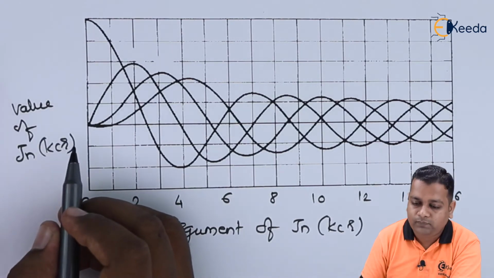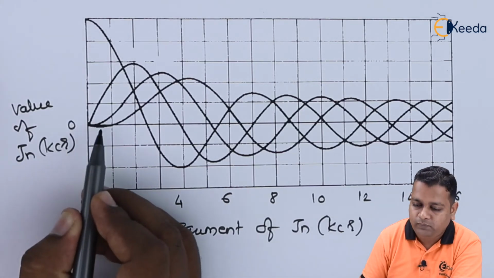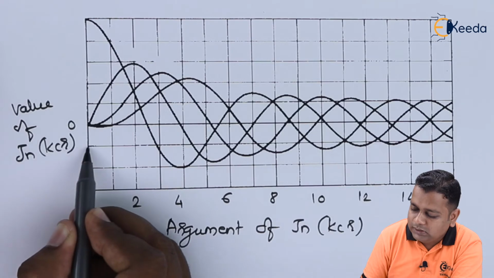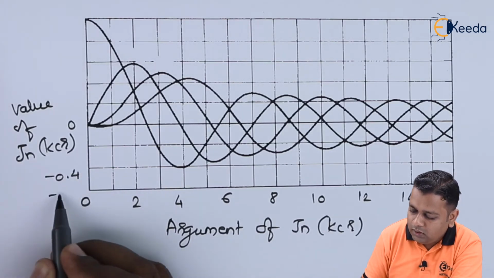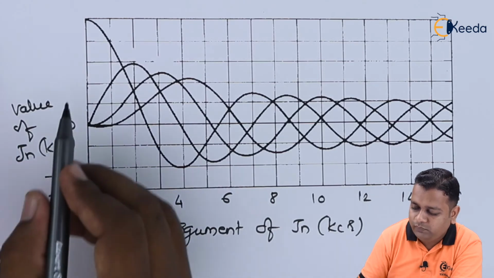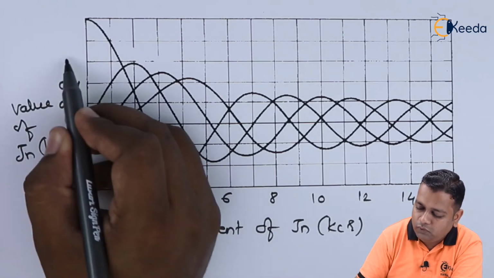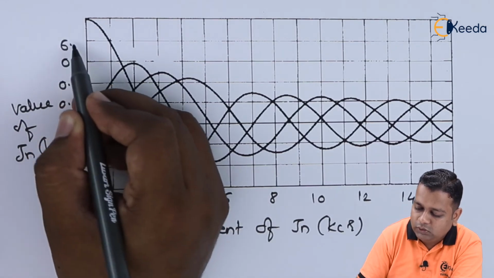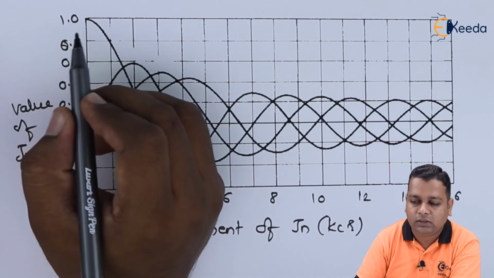So for the zero crossing here, we have minus 0.2, minus 0.4 here, minus 0.6 here. On the positive side, here we have 0.2, 0.4, 0.6, 0.8 here and 1.0 here.